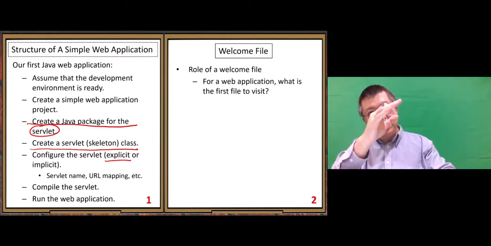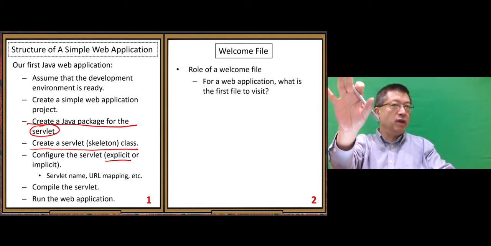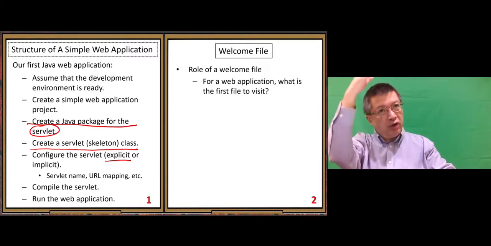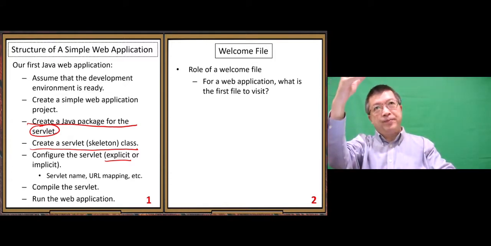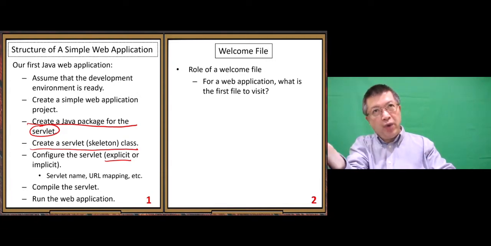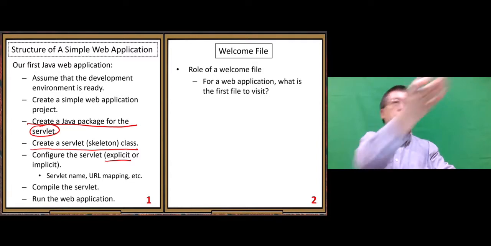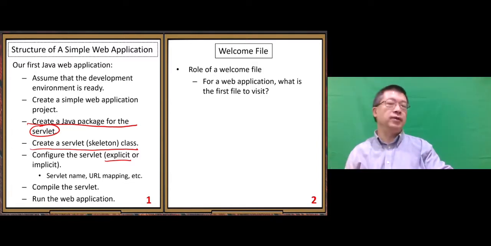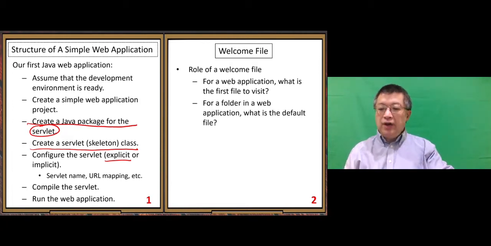The users do not need to memorize anything special. They just go to your server, the domain name. Then the server can send the welcome file to the user in their first request. That simple.